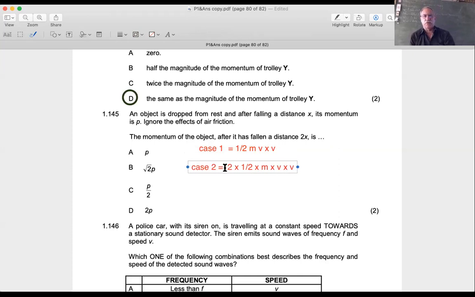So if that is twice as big as that, then the velocities must be, yeah, looking like that one.